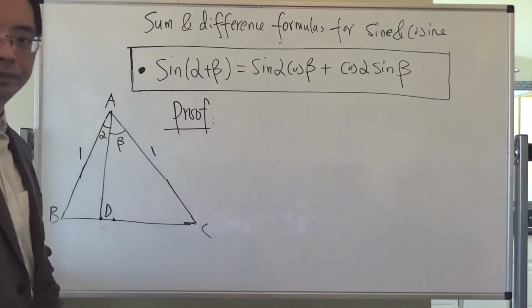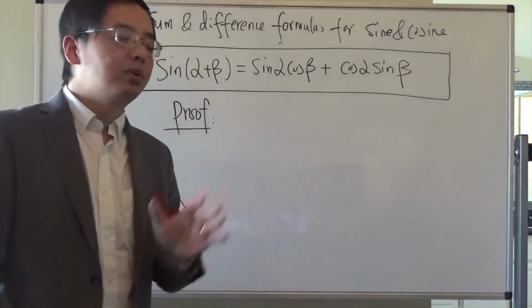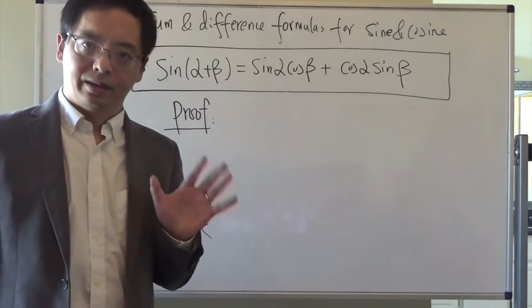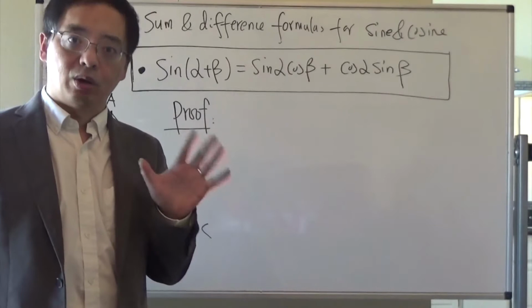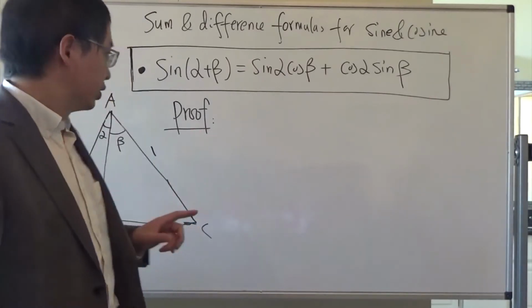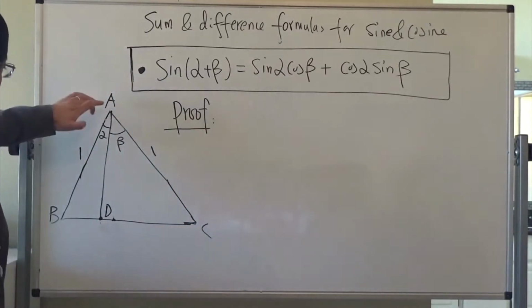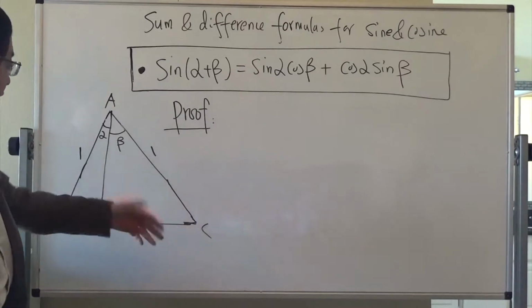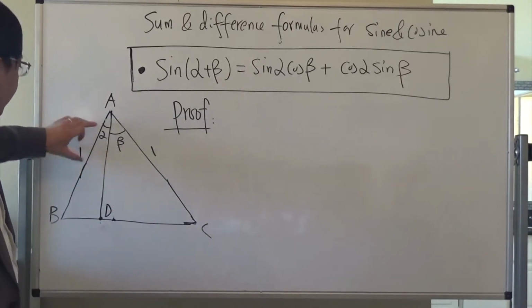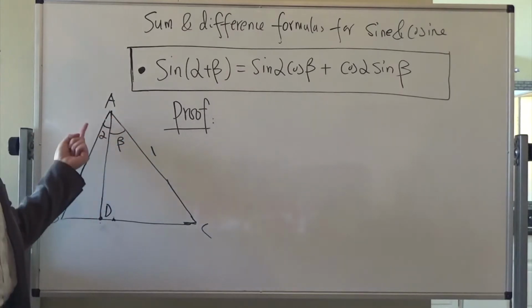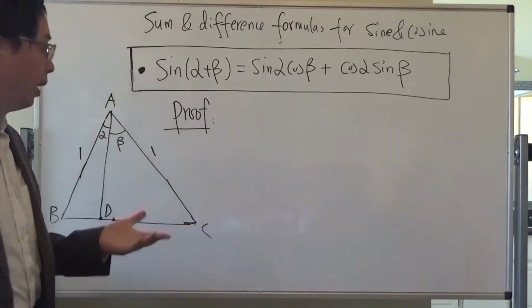Now, first of all, let's recall. When we prove the law of sine, we have derived the formula of the area of a triangle involving the sine function. So if I have triangle ABC, then the area of the triangle can be calculated by AB times AC times sine A, divided by 2.